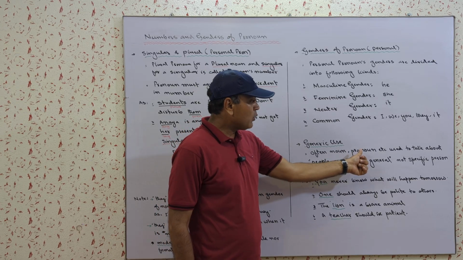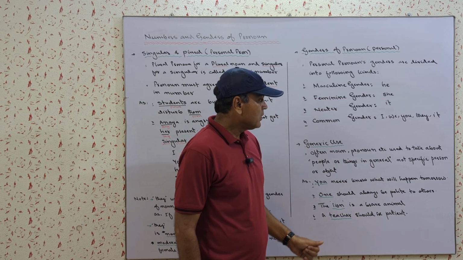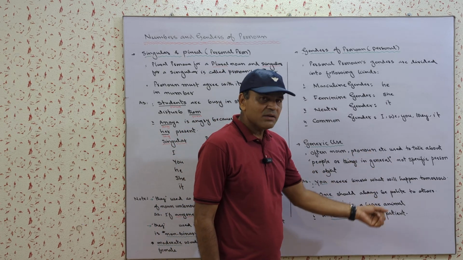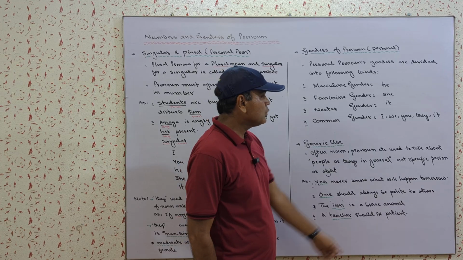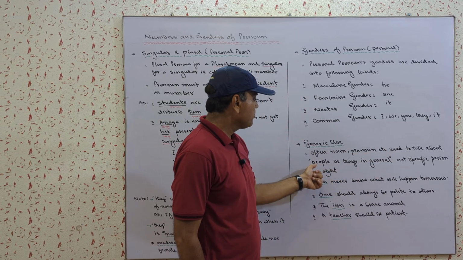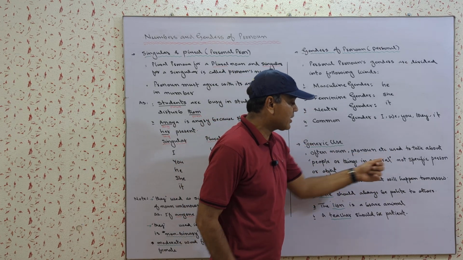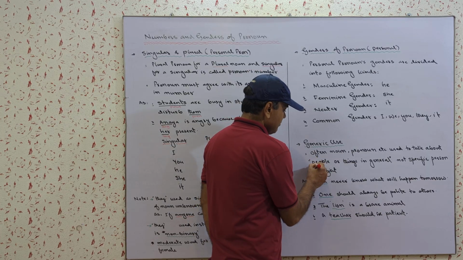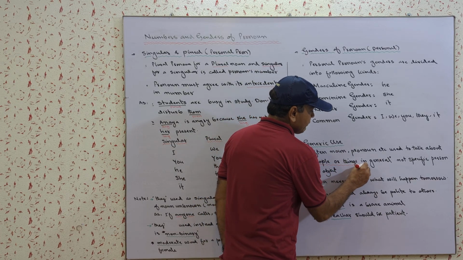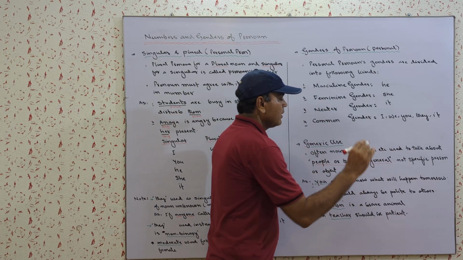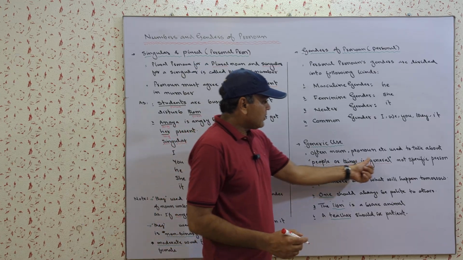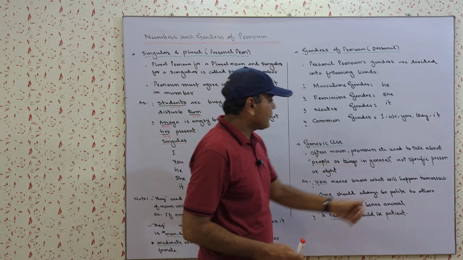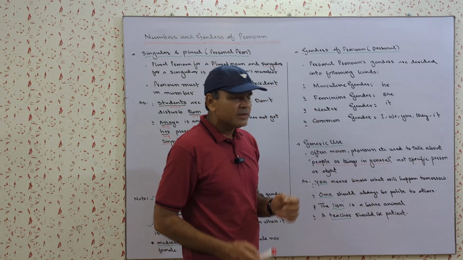Often nouns or pronouns or some other words, articles too, are used to talk about people or things in general. Please mark, this is the thing that we need to focus on: people in general, not a specific person or object.